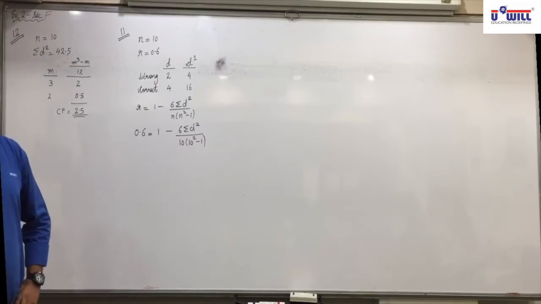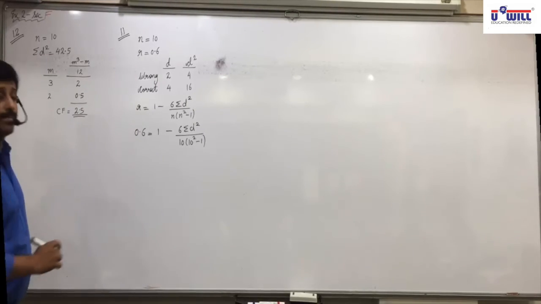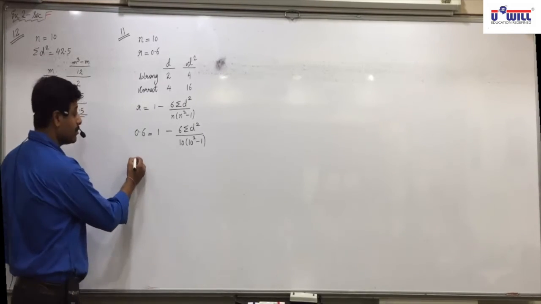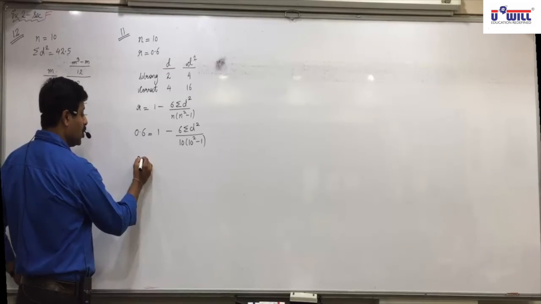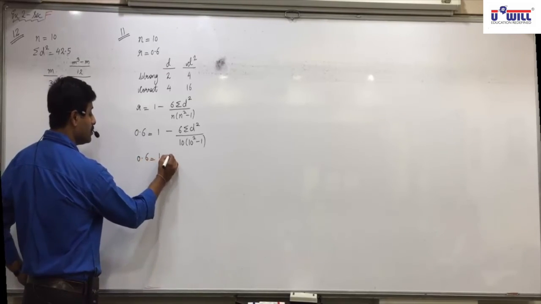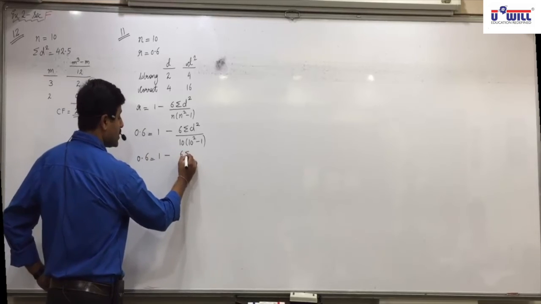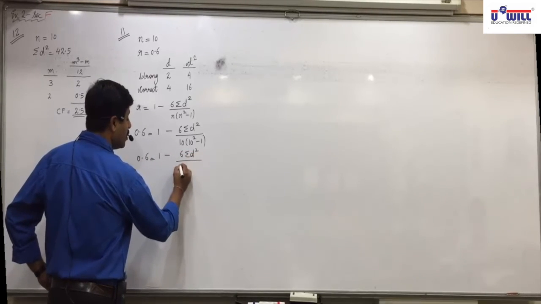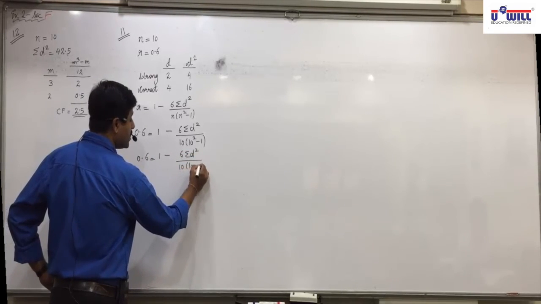Any confusions? No. Then Mithul, next step. 0.6 into 990. No, that's wrong. 6 sigma D square upon 10 into 100 minus 1.